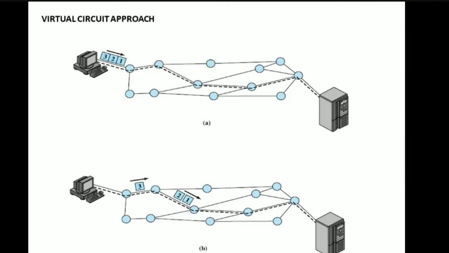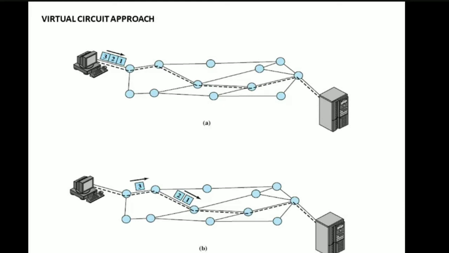If you see on the screen, in part A, the communication has now been established, that is, a virtual circuit has been established. All the packets now have to go in the same path. Okay, so this is the main difference between the datagram approach and the virtual circuit approach.